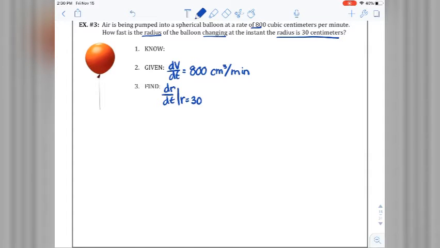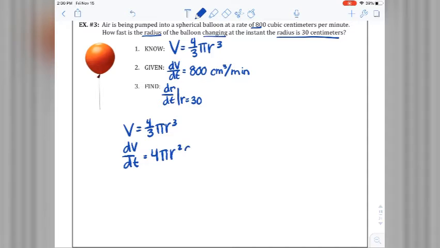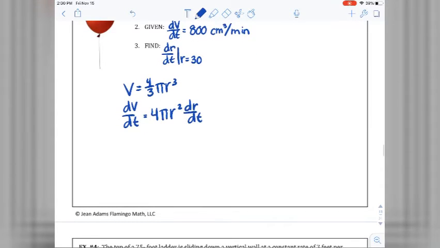For a sphere, we're going to need the volume formula, and that's 4/3 pi r cubed. So V is 4/3 pi r cubed. Then dV/dt is 4 pi r squared dr/dt. Well, you know your dV/dt is a constant 800, so we can put in 800. And then we have 4 pi.